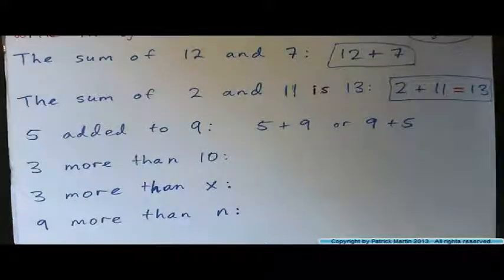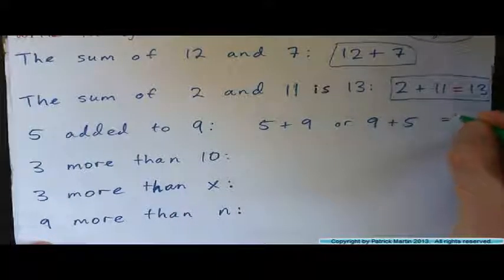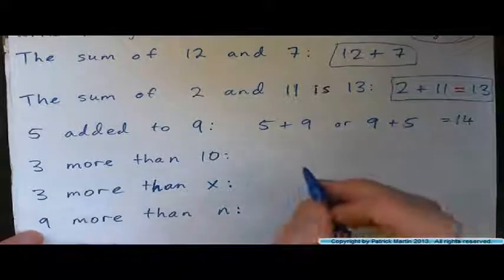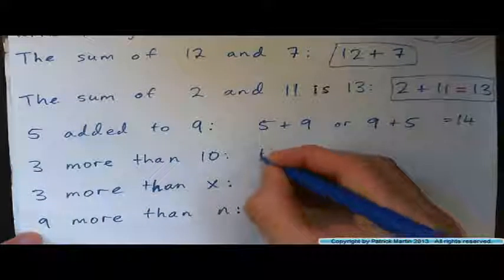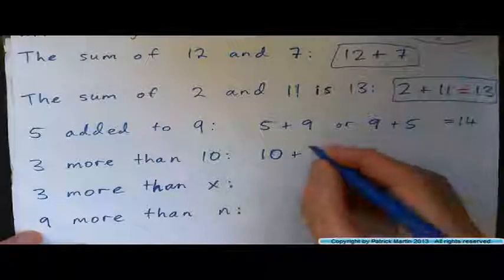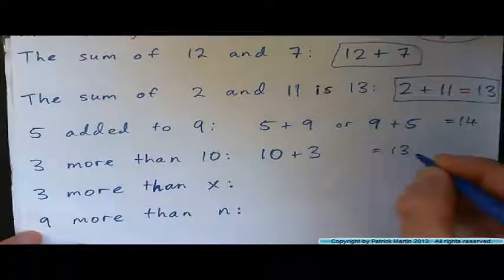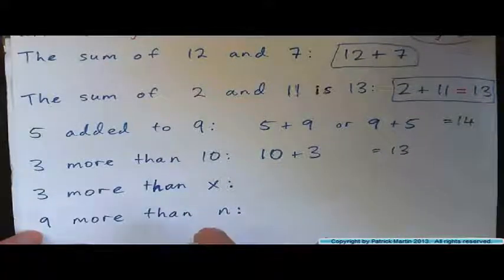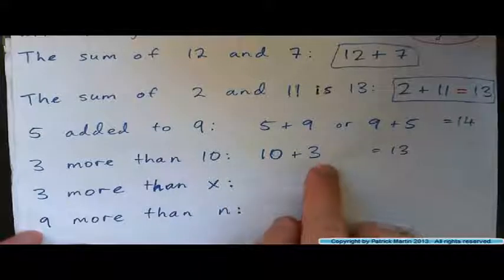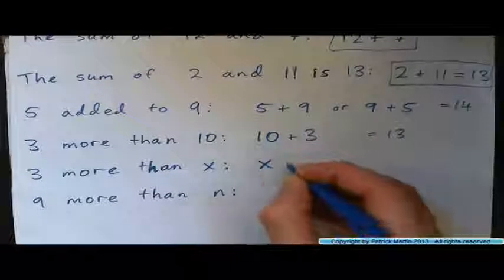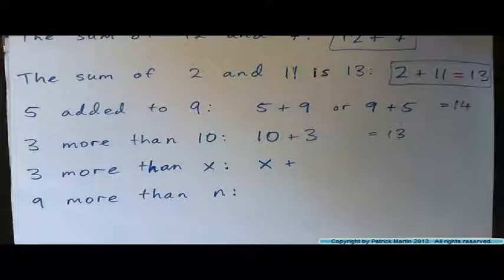We know this answer, of course, is 13. But it's about writing it out, because that's a skill we'll need for algebra. 3 more than 10 is beginning with 10 and adding on 3. 10 plus 3, which of course is 13. What's 3 more than x? If 3 more than 10 is 10 plus 3, 3 more than x is x plus 3.